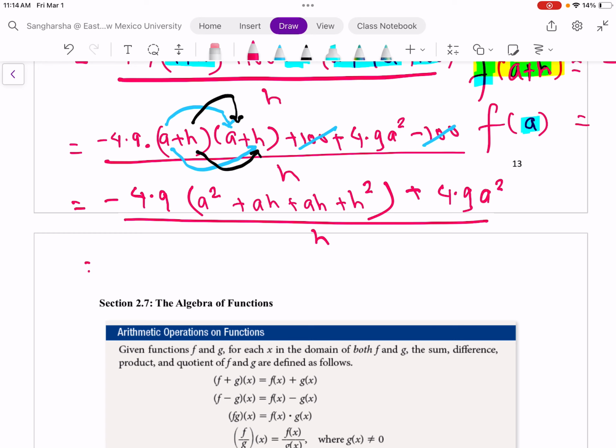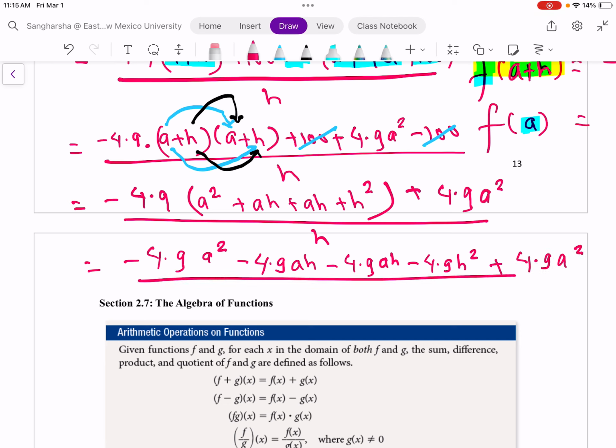So we have negative 4.9 times a squared, that is negative 4.9 a squared. Negative 4.9 times positive ah is negative 4.9 ah. Negative 4.9 times ah is negative 4.9 ah. Negative 4.9 times h squared is negative 4.9 h squared, positive 4.9 a squared divided by h.